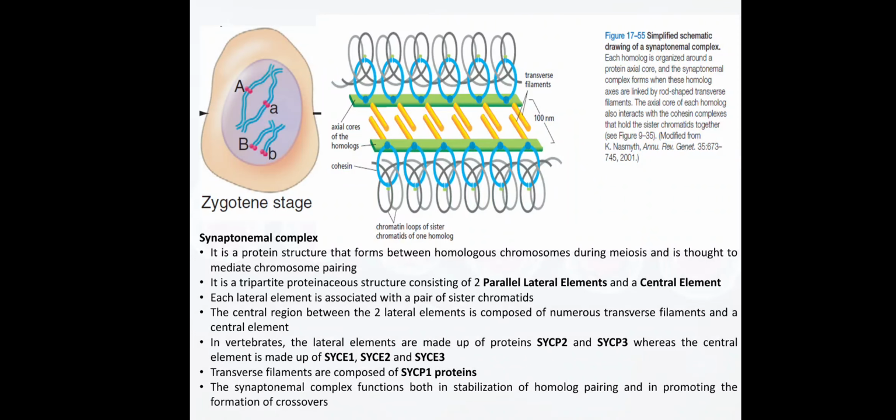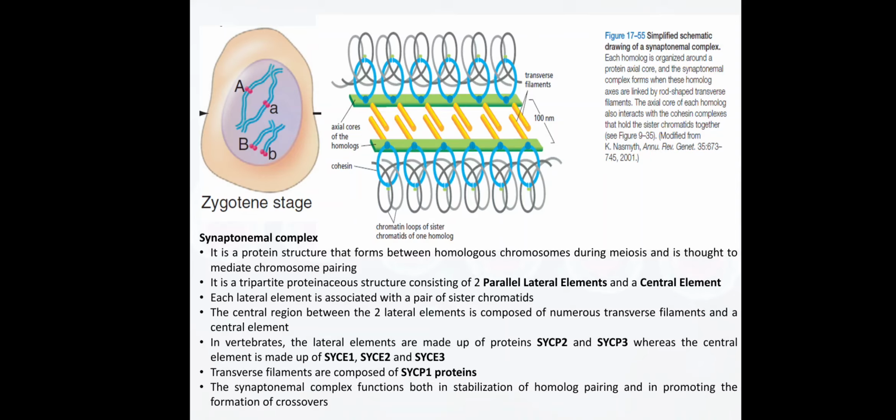In our previous class we discussed the synaptonemal complex, which is a protein structure responsible for forming the pairing between homologous chromosomes during meiosis, especially during zygotene, which mediates chromosome pairing.